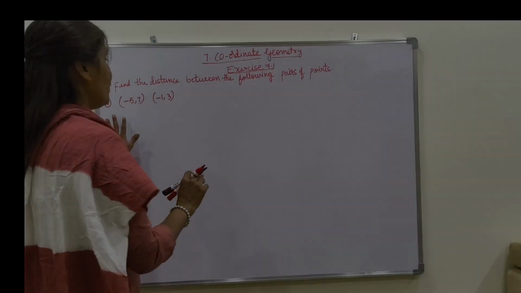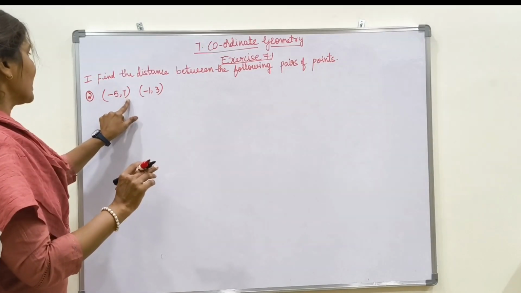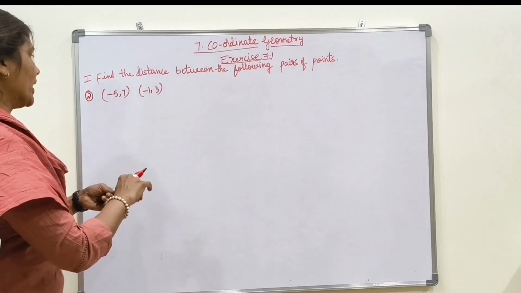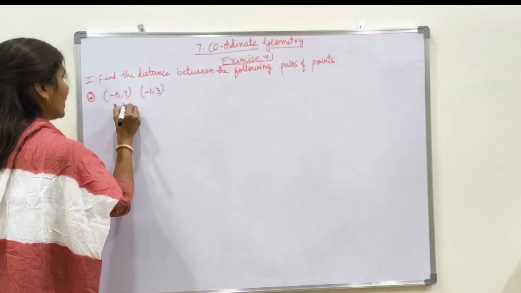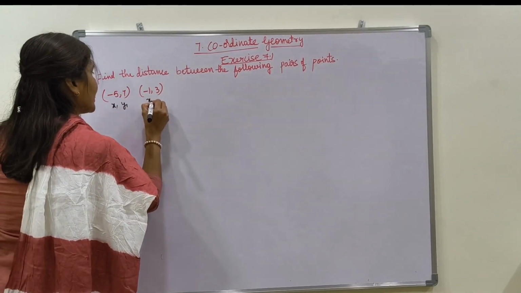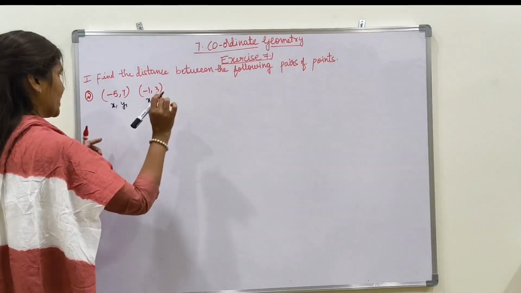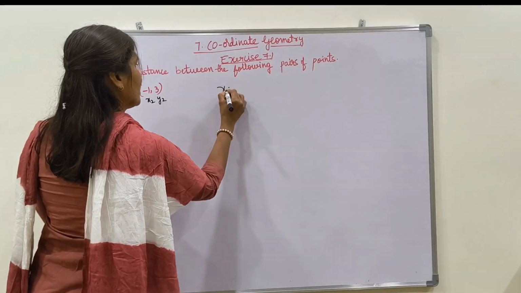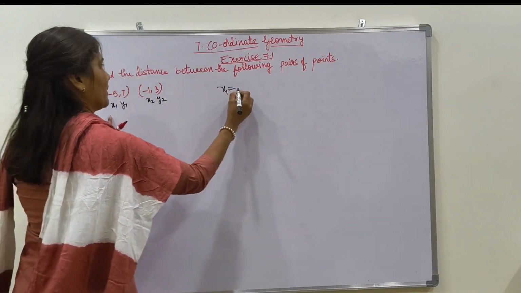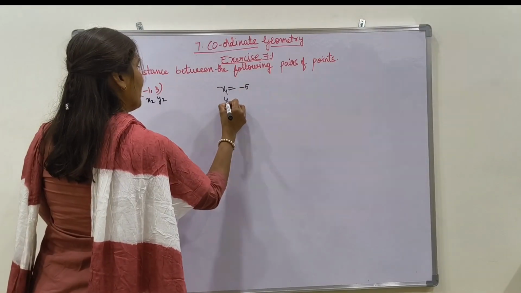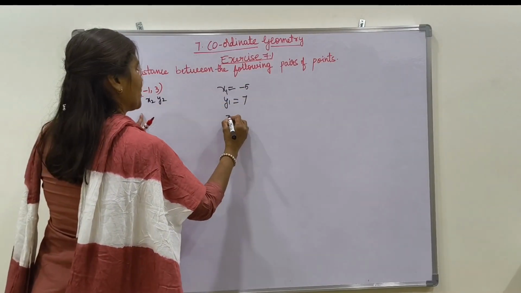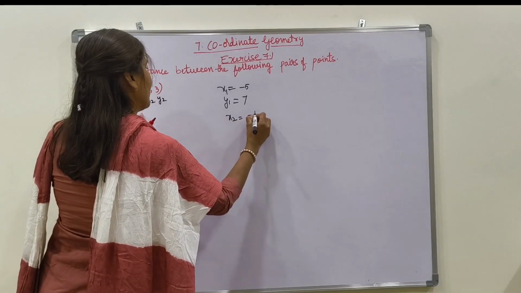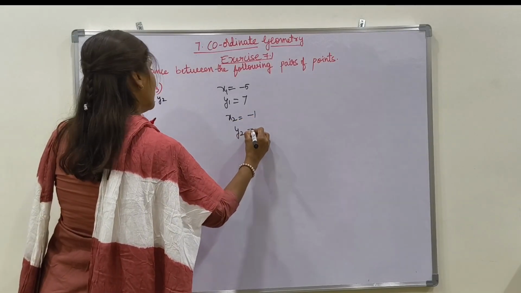Now the second question: (minus 5, 7) and (minus 1, 3). Here I will write: this is x1, y1 and next x2, y2. Mention x1 is equal to minus 5, y1 is equal to 7, x2 is equal to minus 1, y2 is equal to 3.